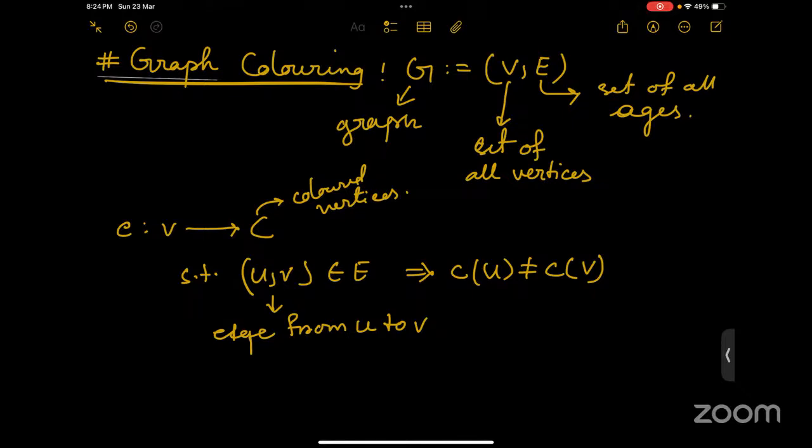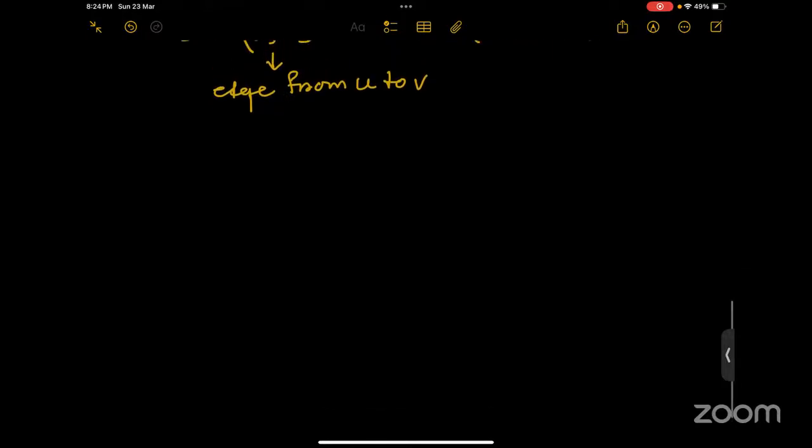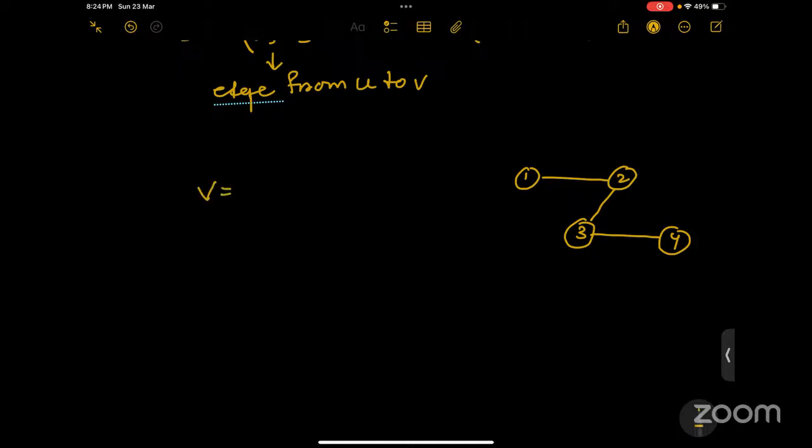So the coloring problem is, suppose you have a graph. For example, we have this graph, and we have to color the vertices. V is the set of all vertices, right? What is V? We have here 1, 2, 3, 4.